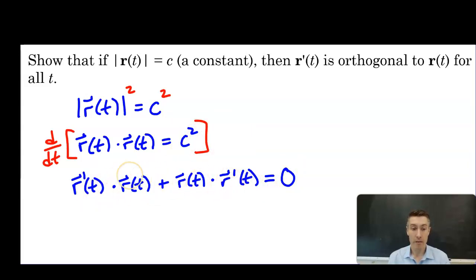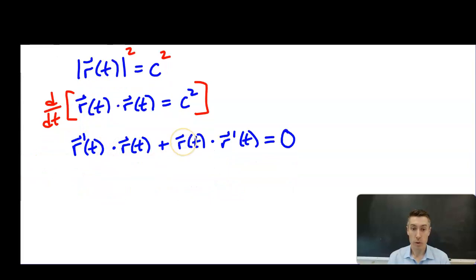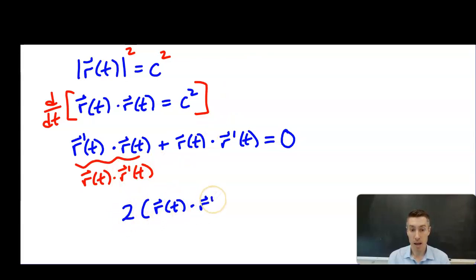Now here we have two expressions that look similar except the order is different. But remember, for the dot product, the order does not matter. So this first one is the same as saying r of t dotted with r prime of t, since the order doesn't matter, which means we really have two r of t dot r prime of t's equaling 0.